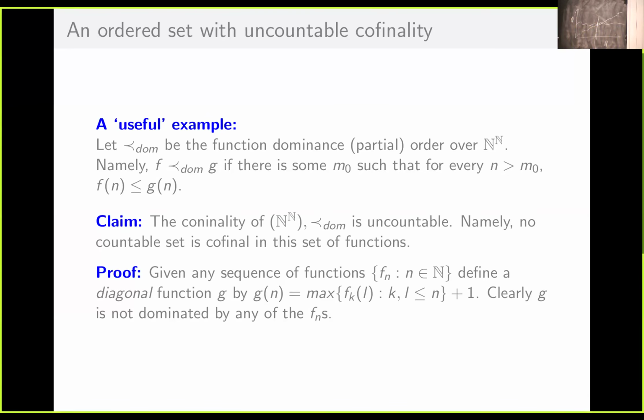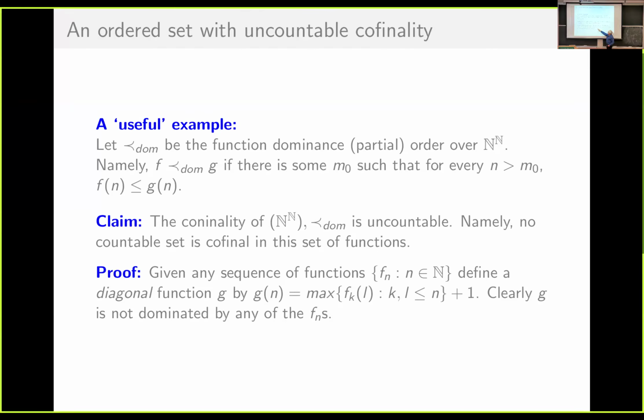So I want to show you that you cannot have a countable sequence here that will be above everything. You give me a countable sequence of functions, and I want to show you that I can find someone that dominates all of them. So how will I do it? I will define a function g, and g of n will be the maximum of all the f_k of l such that k and l are less than n.